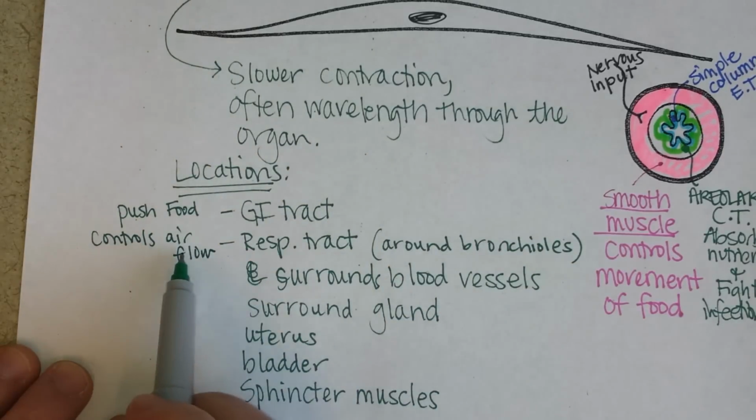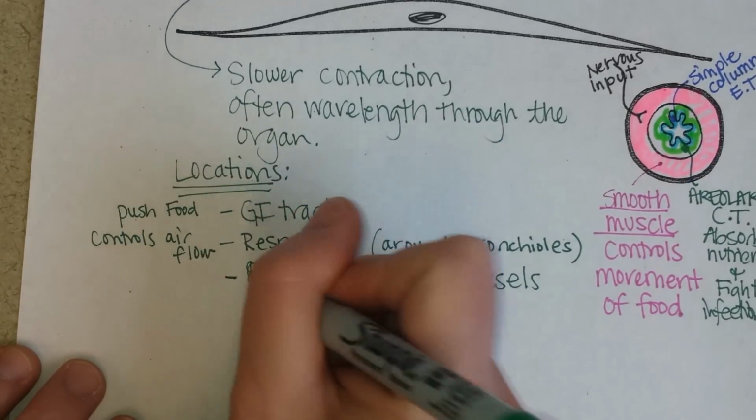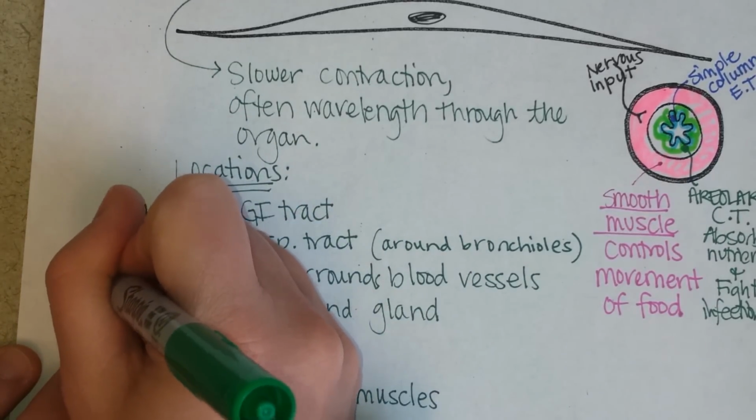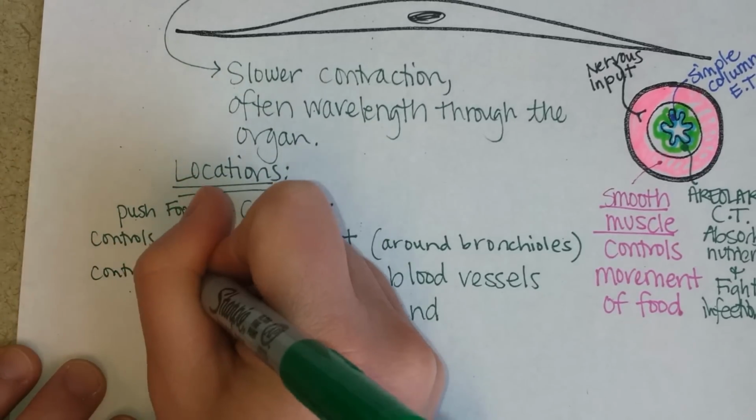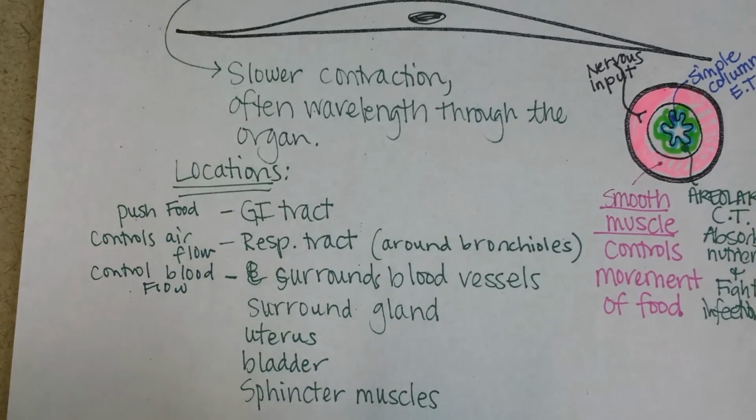If someone has an asthma attack, then their bronchioles are getting too narrow. And in the lining of the blood vessels, it is the smooth muscle that can either cause the blood to move more easily to an organ, or lower the blood flow to an organ.